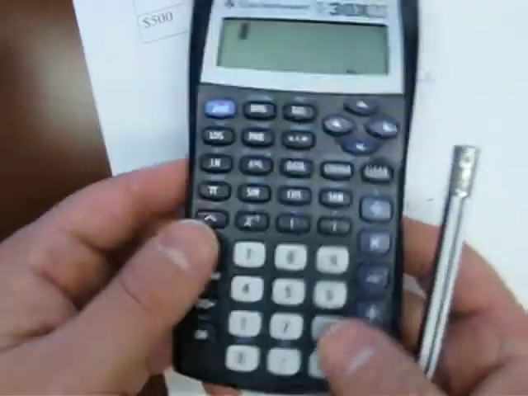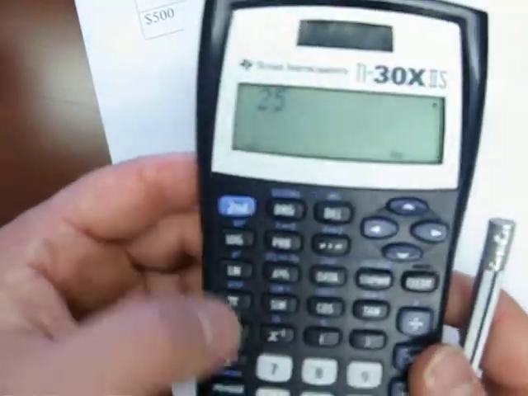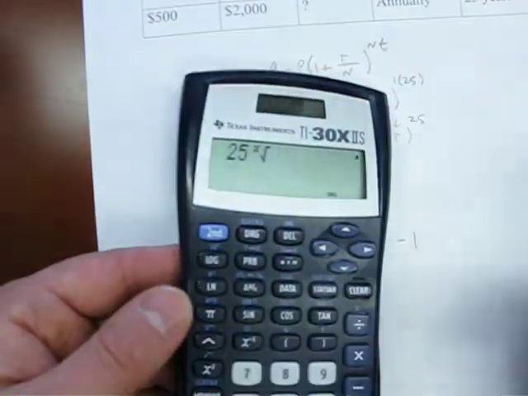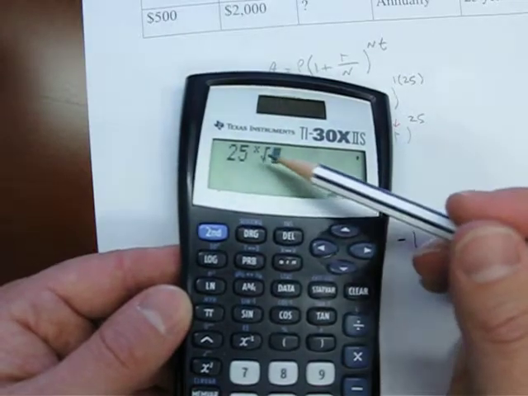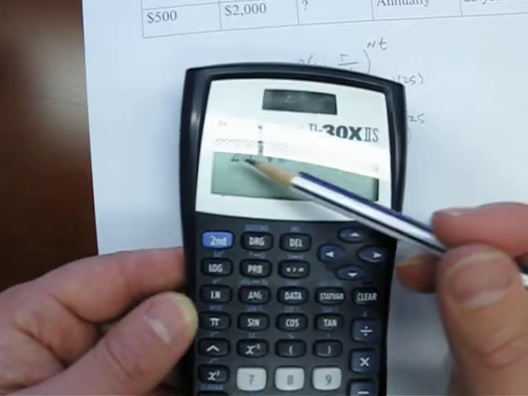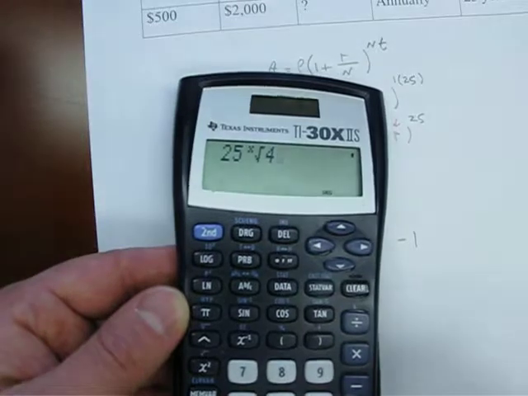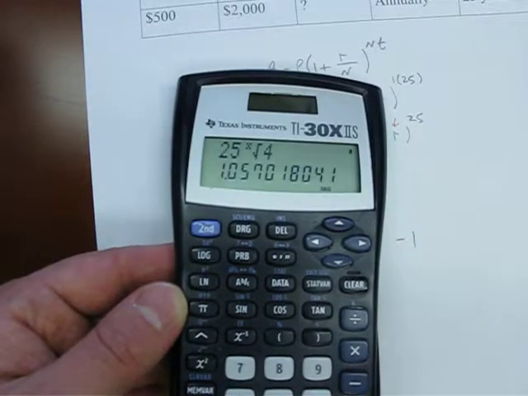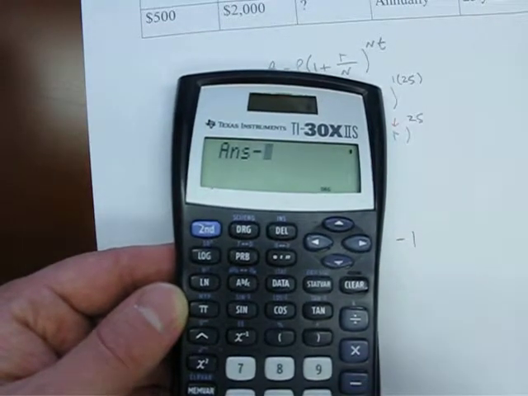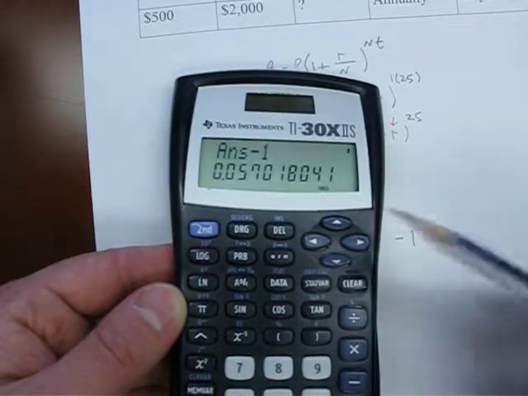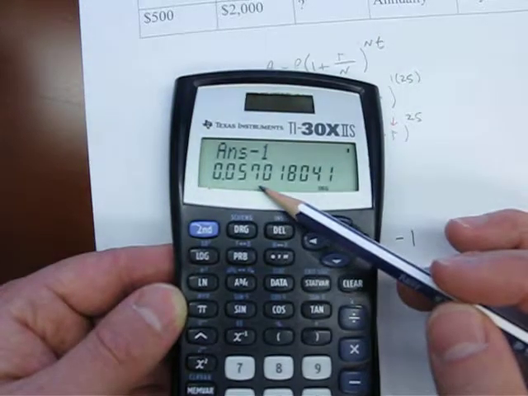And I would use it like this. The 25th root of 4. And then I need to take away 1. And that tells me what r is.